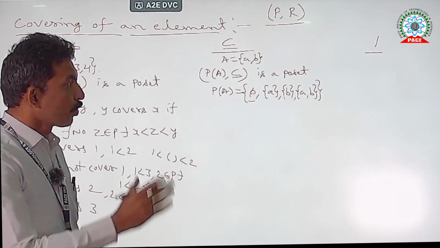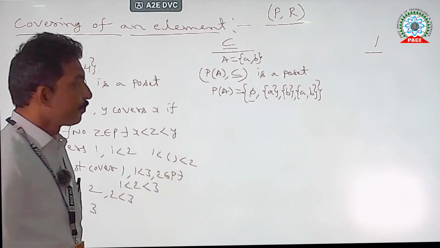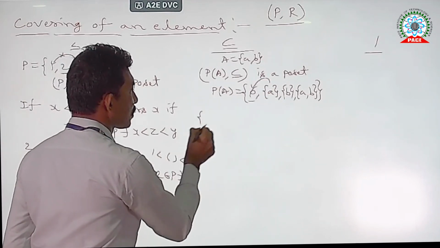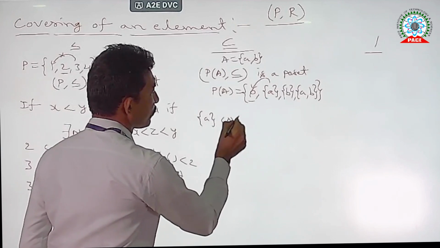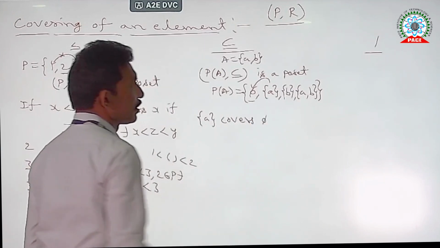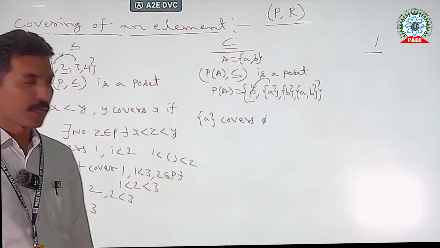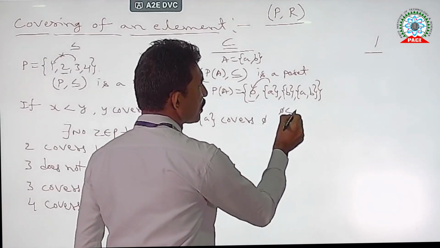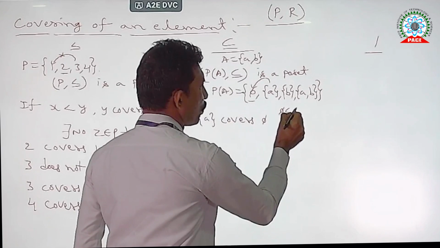So clearly singleton A covers pi, because pi is a subset of A and there is no subset between them.